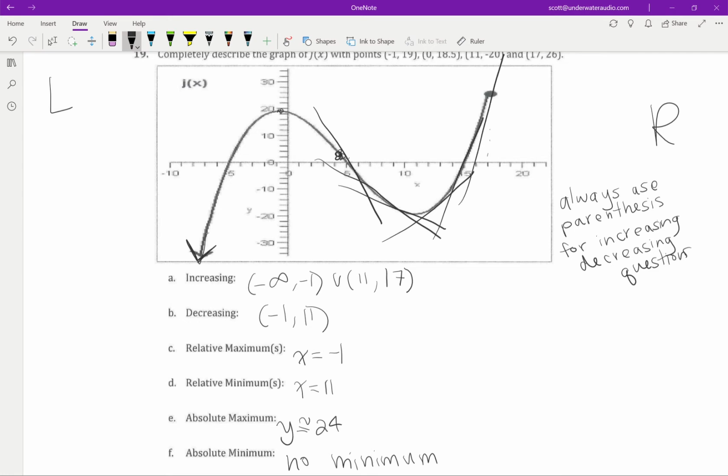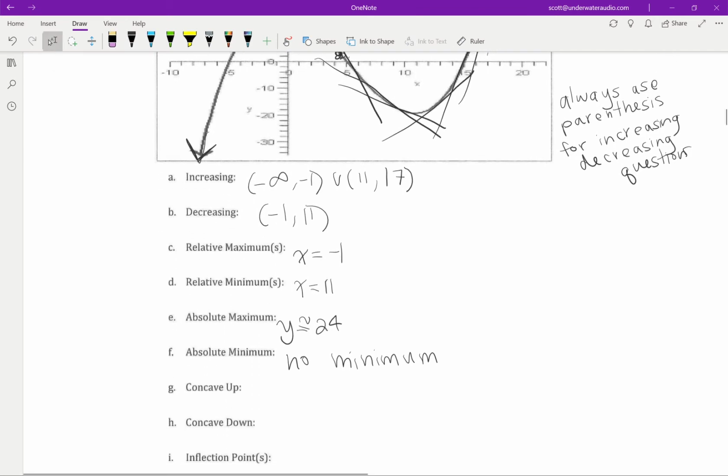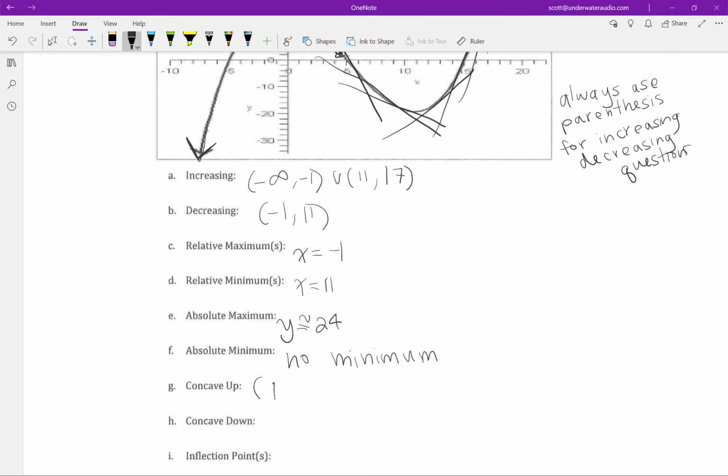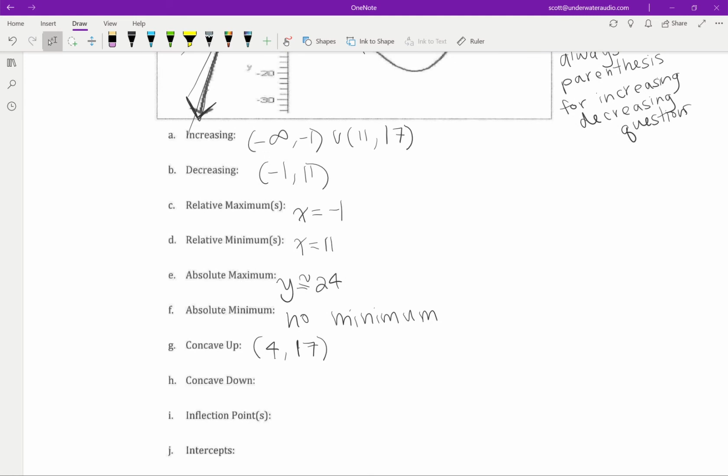So I think that's from 4 to 15, 17. And then concave down. See, all of this, all the way to roughly 4. So negative infinity to 4.